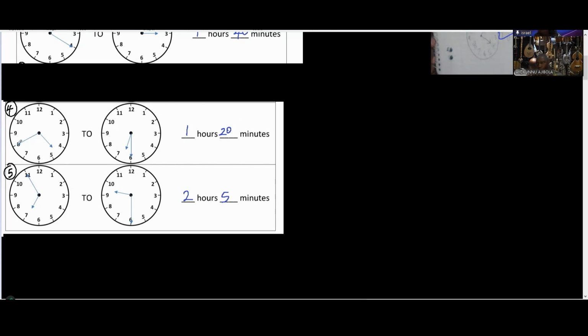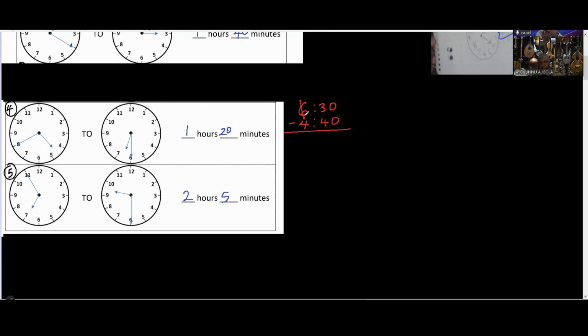From 4:40 to 6:30. From 4:40 to 5:40 is an hour, to 6:40 will be 2 hours. But this is 6:30. So we can say 6:30 minus 4:40, and 30 minus 40 is not possible.